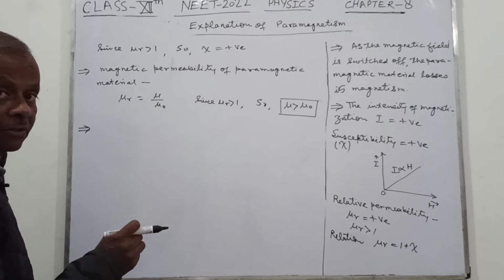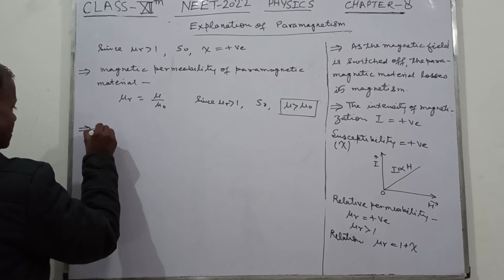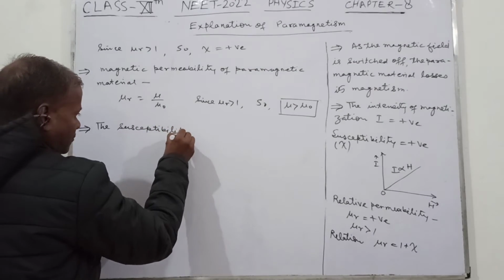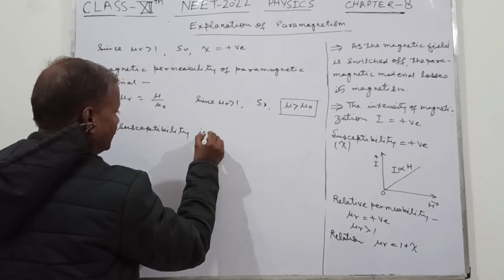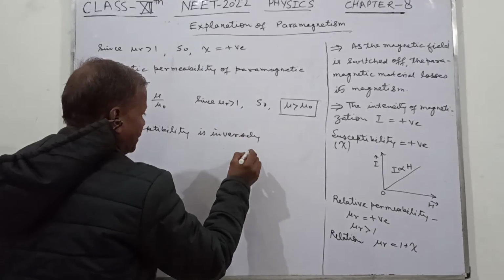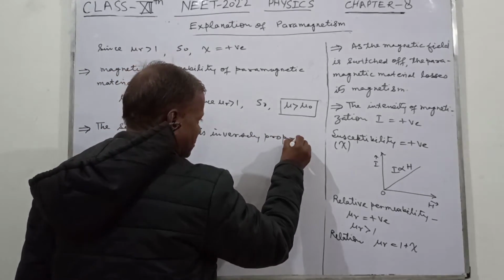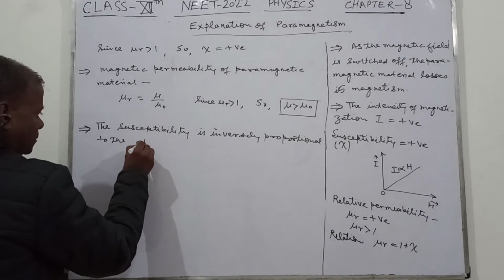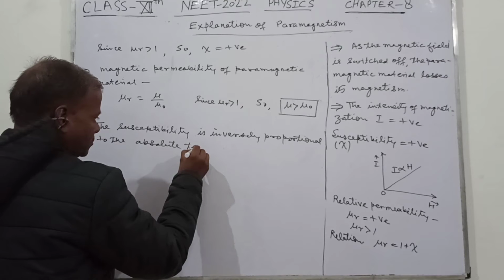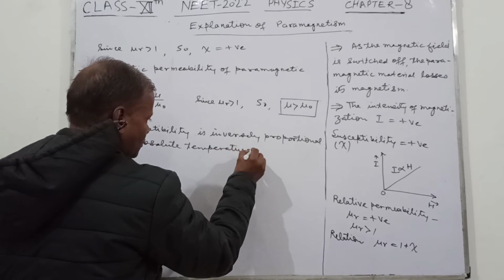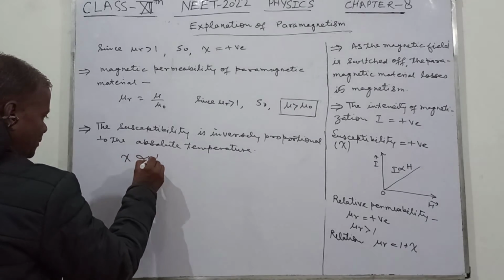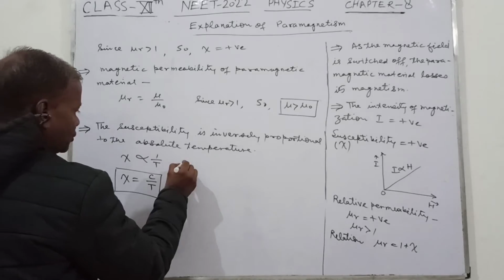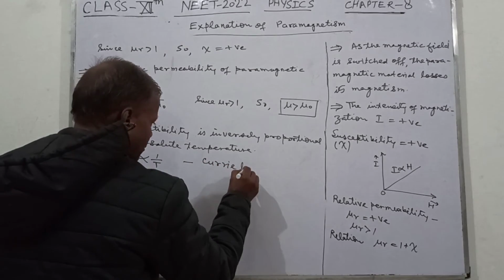This susceptibility depends upon the temperature of the material. The susceptibility is inversely proportional to the absolute temperature, and this chi is proportional to 1 upon T, and this chi equal to C upon T. This is the Curie law.